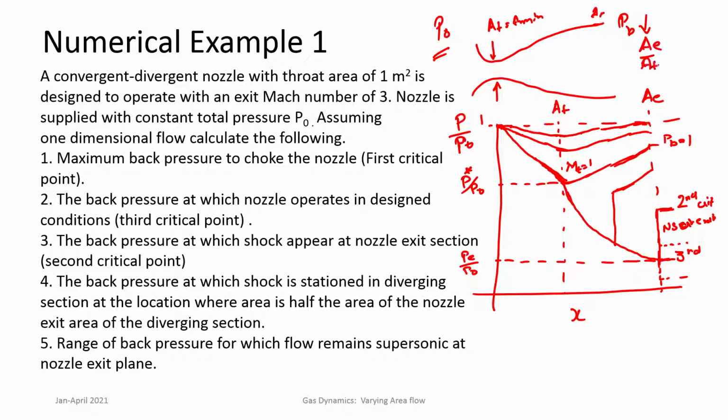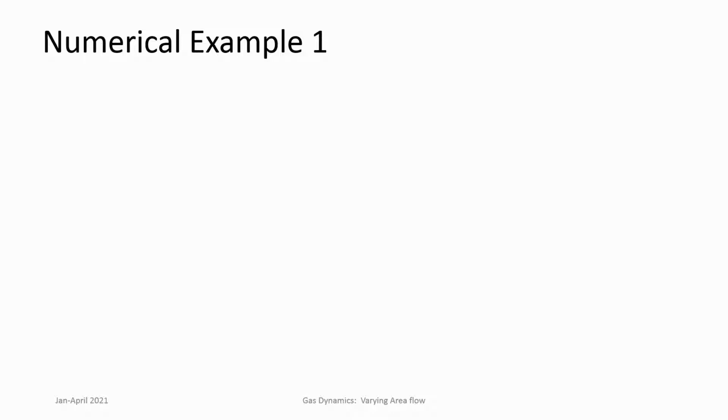When the nozzle is operating in correct conditions, then the exit Mach number will correspond to the Mach number associated with AE by AT, because at the throat the Mach number will be 1. So let us go ahead with this. That is one important point that we should always look for.